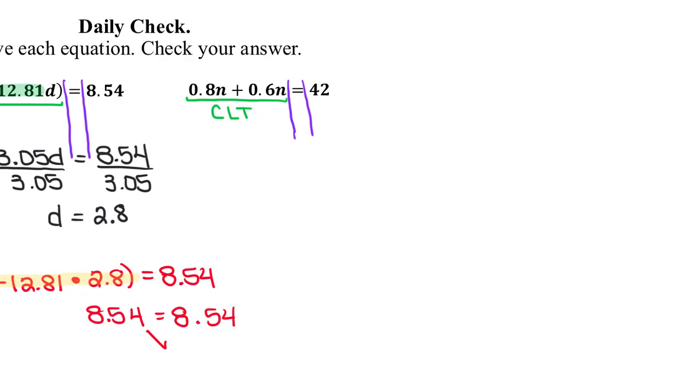And when we combine the 0.8n and the 0.6n, 1.4n. Watch the placement of your decimals. So I have 1.4n equals 42.